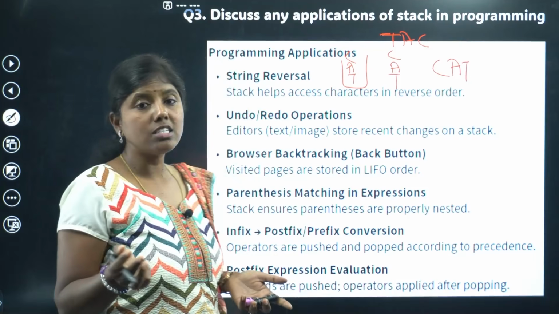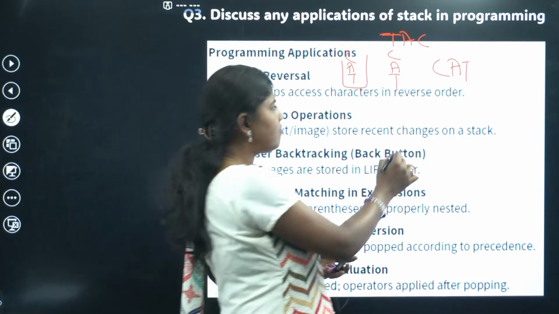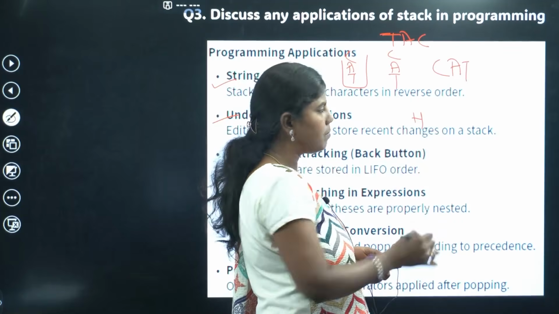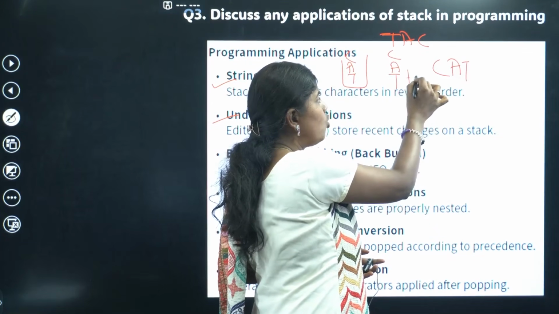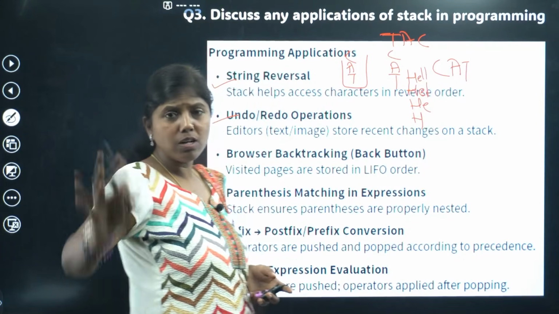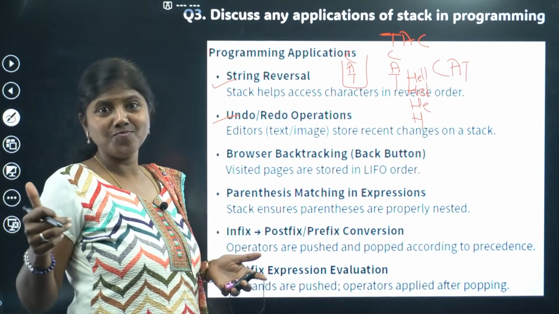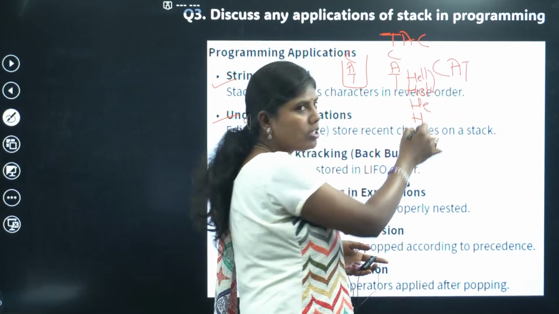Undo, redo operation. For example, I've typed H, then HE, then HELL. I don't want hell, I want to make it hello. If I do undo, it will go to the previous state, and again, and again.